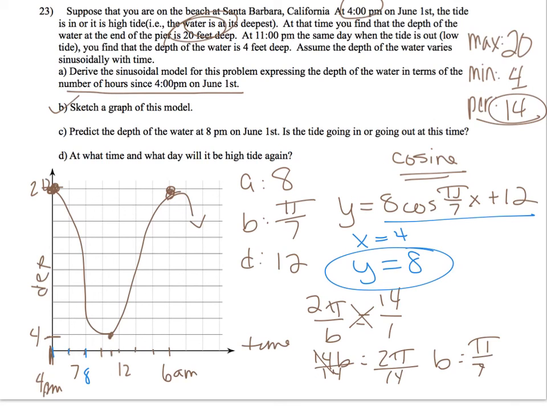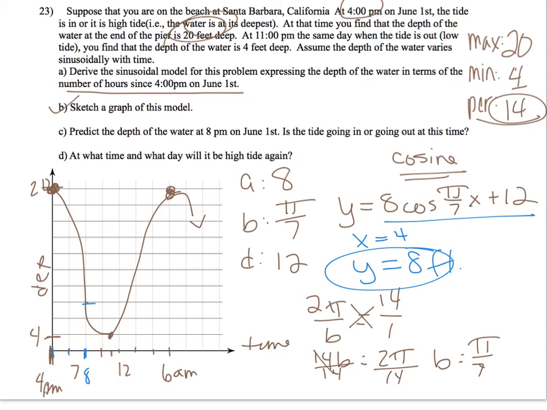So at 8 o'clock p.m., it's 8 feet deep. As you can see, here is the 8. It's 8 p.m., so that's 4 hours since. The depth of the water is 8 feet.